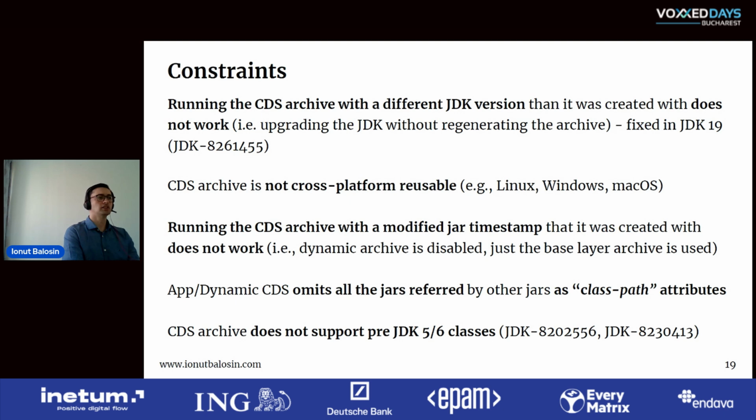More important fact, also the jars' timestamp. If you regenerate the jars and use them with the same path, but the jars have a different timestamp, it still doesn't work. So it's really strict in this sense, and of course, it's not platform reusable.